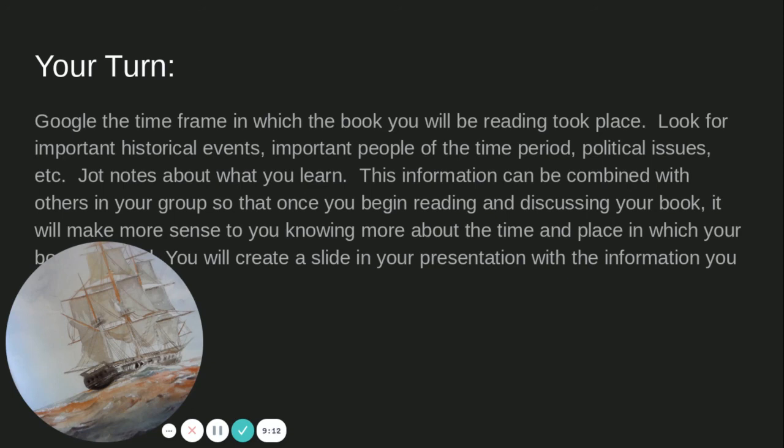So, go to Canvas and pull up the 3-5 reading notebook entry, and that's where you are going to jot notes as you Google the time frame your book took place and any events that have been mentioned in your book so far. Google those events and then jot some notes about what you know about that time frame, and then you will discuss these events with your group when you meet.